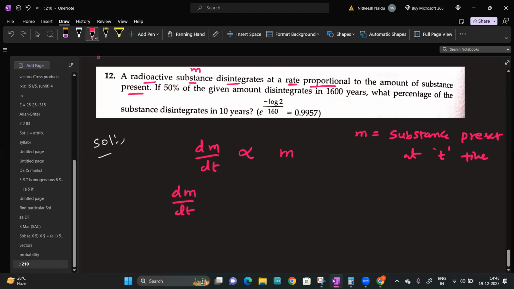It is also always decreasing, so you can take minus km. Radioactive elements are always disintegrating, so that's why take it like this. And do integration. dm by m is equal to minus k into dt. Copy it.